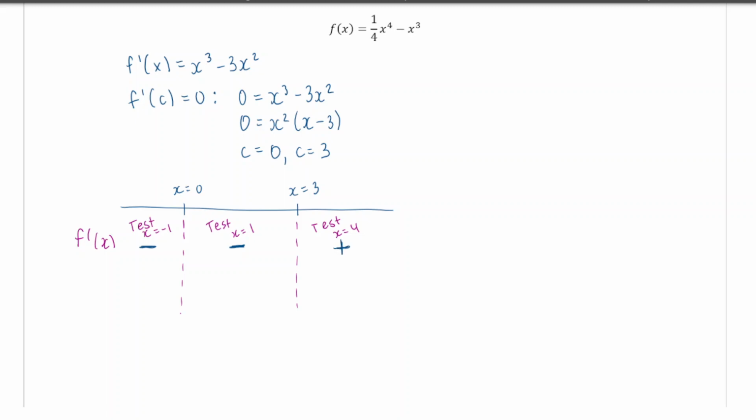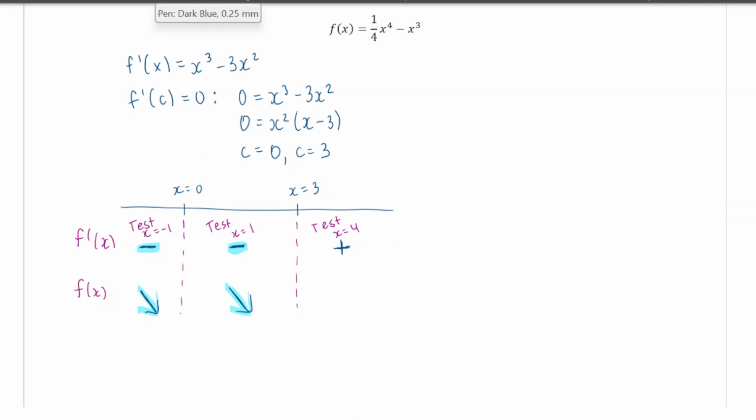So what does that mean about the actual function itself? Let's make some conclusions here. The derivative being negative means that the function is decreasing. It's going downwards in this first region, for all the x values that are less than 0. Then in the next interval, the derivative is also negative, so my function is going to continue to go downwards in that section.